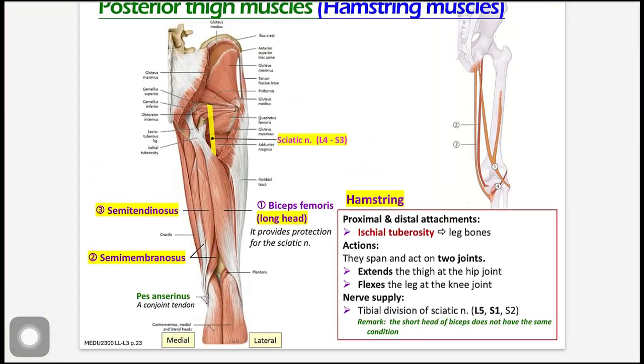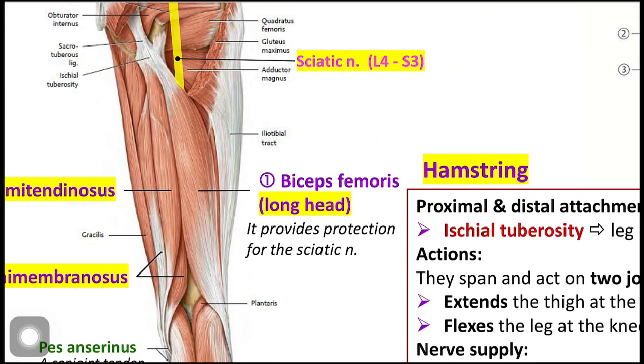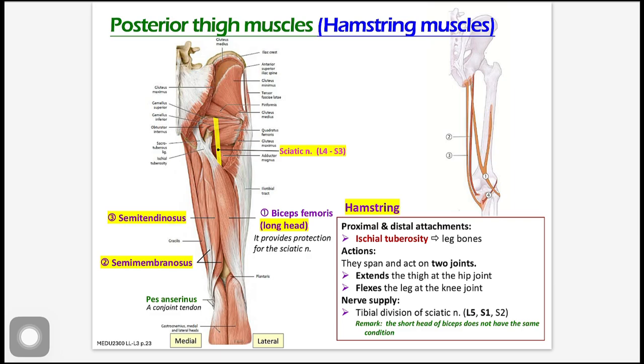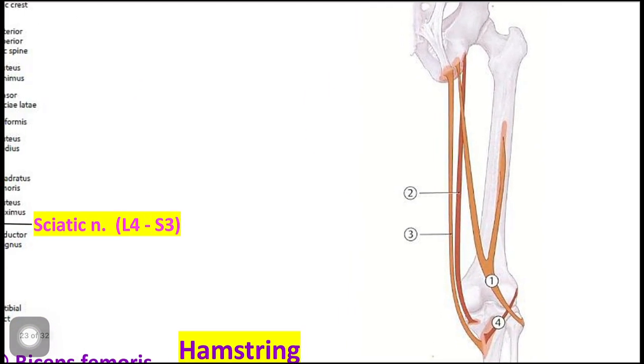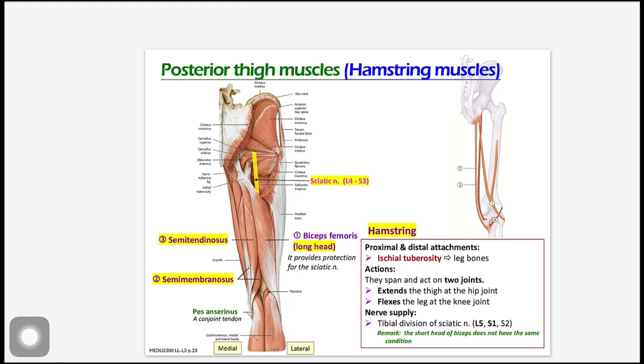Remember why I have to highlight the long head here: because only the long head, strictly speaking, refers to the hamstring muscles. In a minute, I will tell you why. This image here will give you some ideas about the action produced by the hamstring muscles. As I said, I try to give you these kinds of diagrams so that you can recall the action played by these muscles.